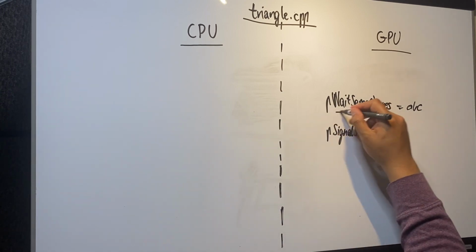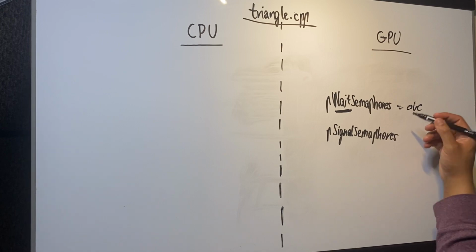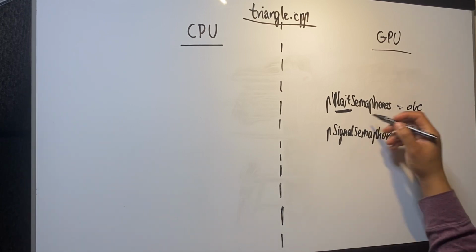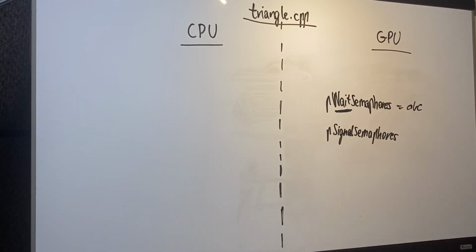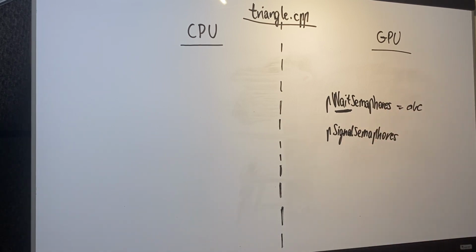So that's what the wait piece of it is. We're waiting on a process to complete before we start our next batch of commands. So wait on semaphore ABC before we execute on this batch of commands that we're submitting.